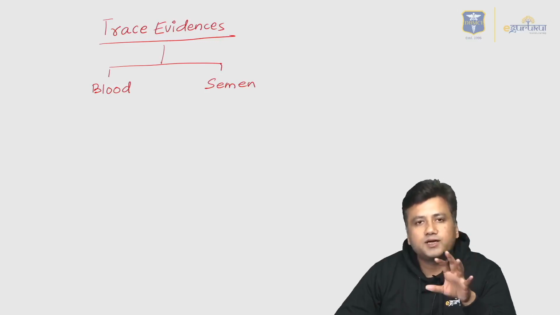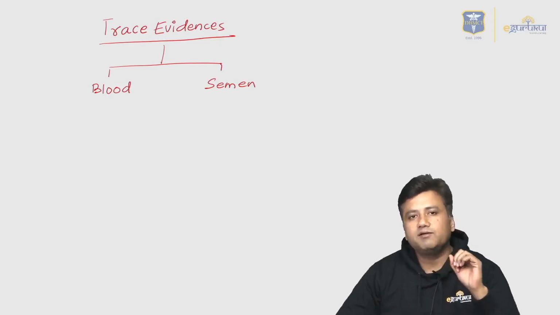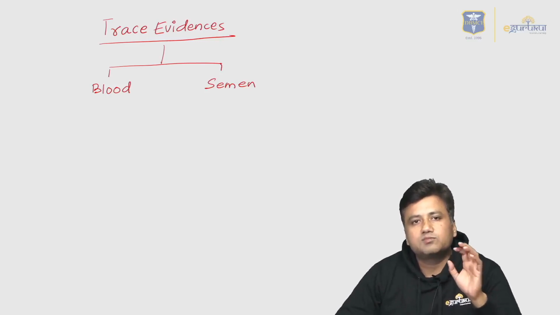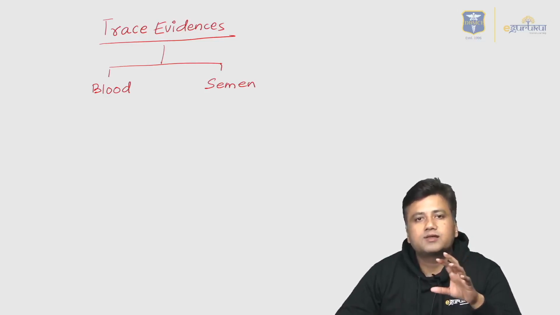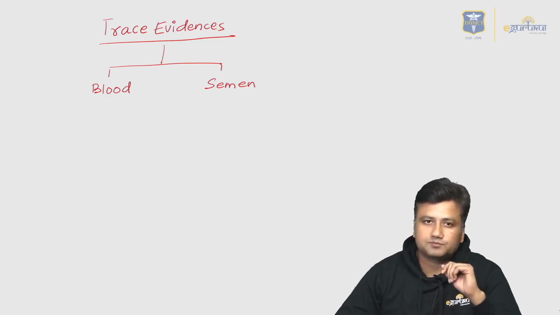Whenever these evidences in trace quantities are found at a crime site, the primary objective is to identify them either as blood or semen. When the investigators pick up these samples and send them to the forensic science laboratory, the laboratory goes through a series of investigatory methodologies to identify the sample as blood or semen.